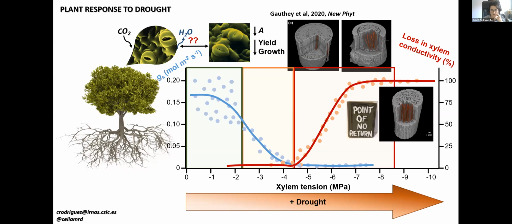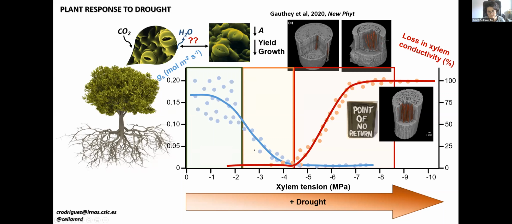So in agriculture, although it is important to know the cavitation resistance thresholds, we mainly move between the phase where stomata are functioning and the one where stomata close.